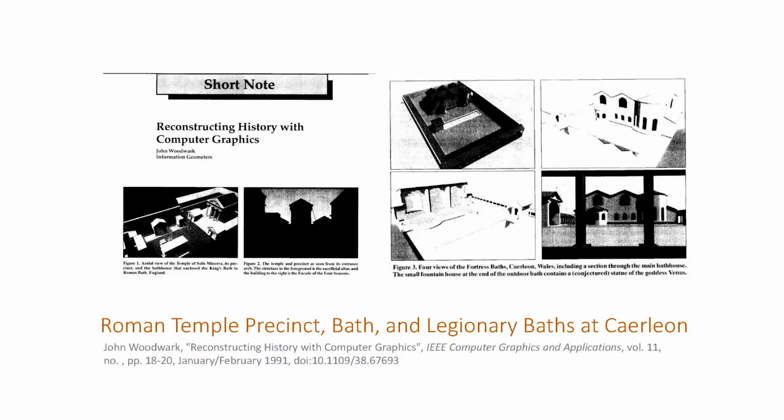Now, Robert Daniels Dwyer claims that the oldest British digital 3D reconstruction project was a solid model of a Roman temple precinct in Bath and a legionary baths complex in Wales, and that these were done in the mid-1980s, both produced by John Woodard and Adrian Boyer at the School of Engineering at the University of Bath.